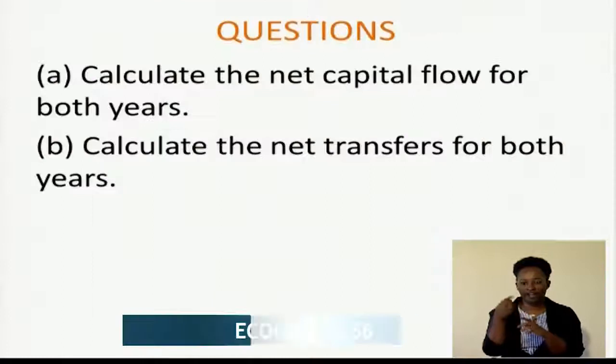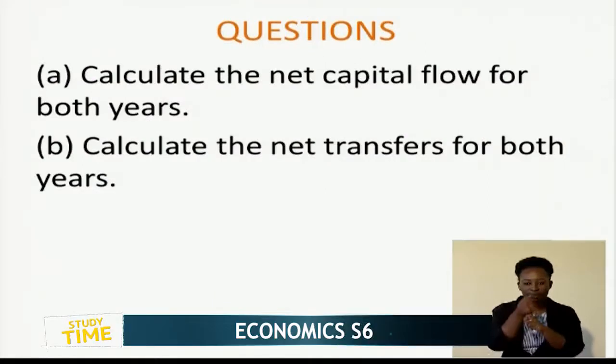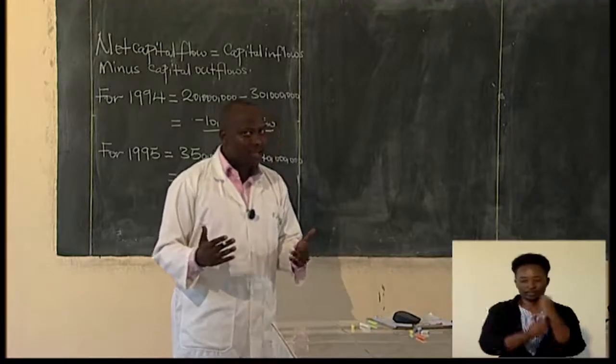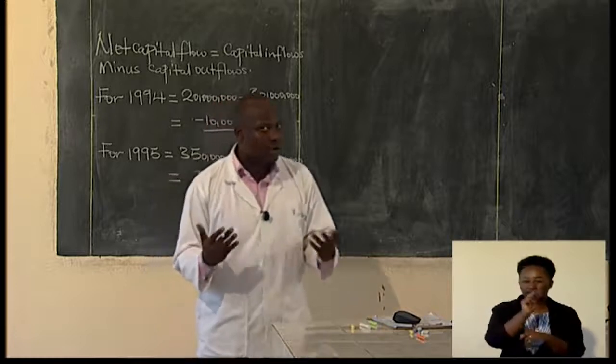Then on part B, it says calculate the net transfers for both years. How do we get net transfers? Learners, do you remember how we calculate net transfers?